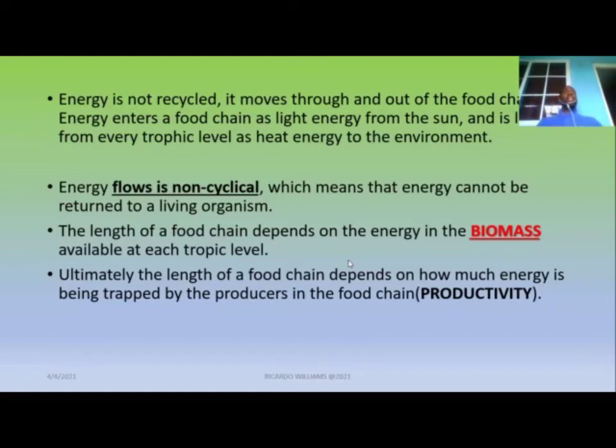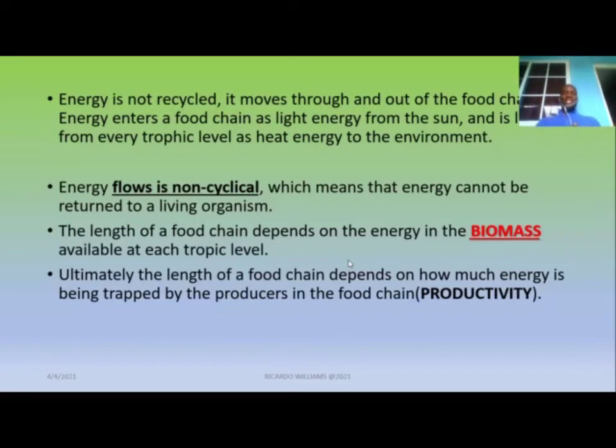And that is the mass of the living organisms at each trophic level. So at the producer trophic level, I'm talking about the dry mass of all the plants in the ecosystem. And at the primary consumer trophic level, I'm talking about the dry mass of all the primary consumers in the ecosystem. Good?